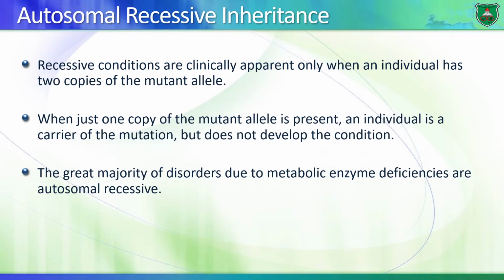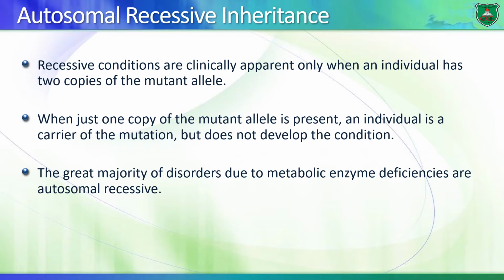So basically, this phenotype or disorder is caused by a mutated gene, and this gene is present on both chromosomes. Okay, so if one of the chromosomes is mutated, it means that the person is a carrier and there are no symptoms that are shown.